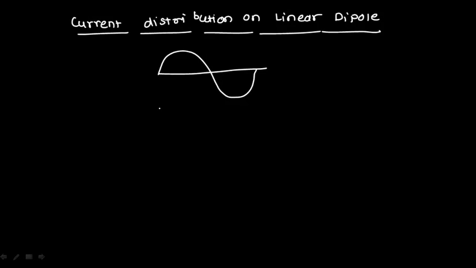This particular length will be called lambda, and here we are starting from 0. Then this length will be lambda by 4. This length will be called lambda by 2. This length I think is 3 lambda by 2, or will it be 3 lambda by 2 or what? It will be 3 lambda by 4. This will be lambda.